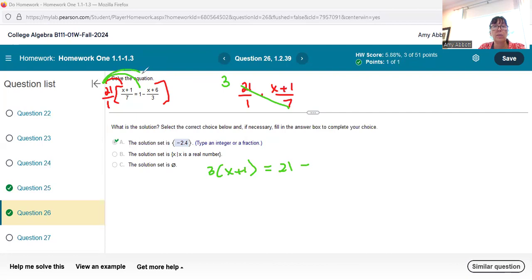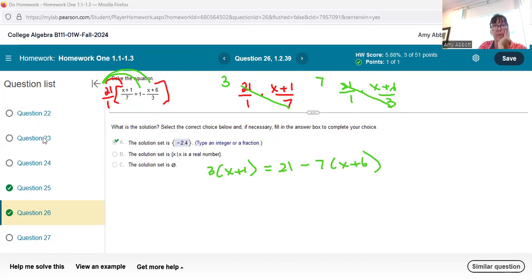And then distribute across the last term here. You've got 21 times x plus 6 over 3. 3 goes into 21 7 times, so that clears away the 3. And then you're left with 7 times x plus 6. So the next step is to distribute across the parentheses.